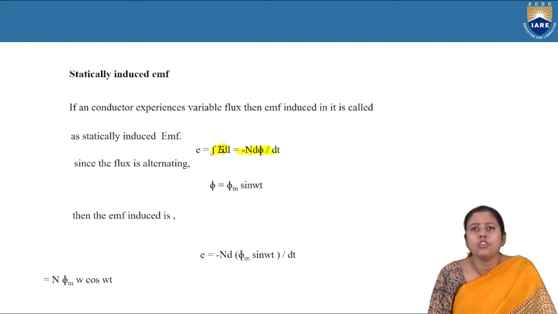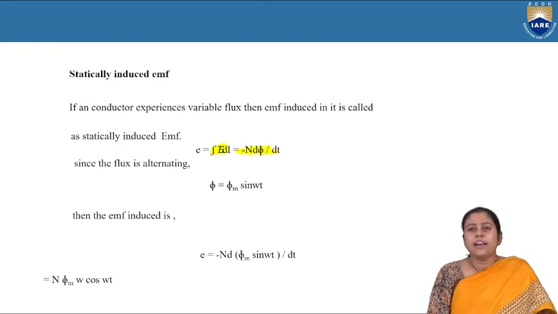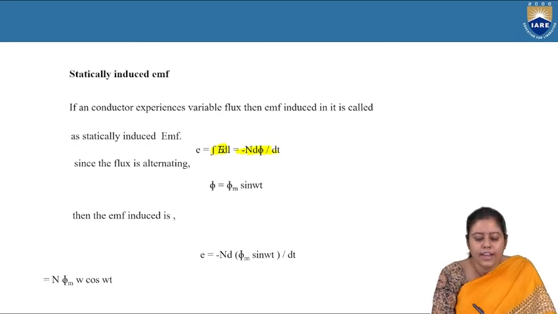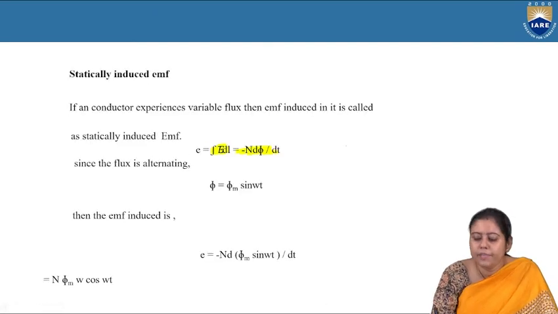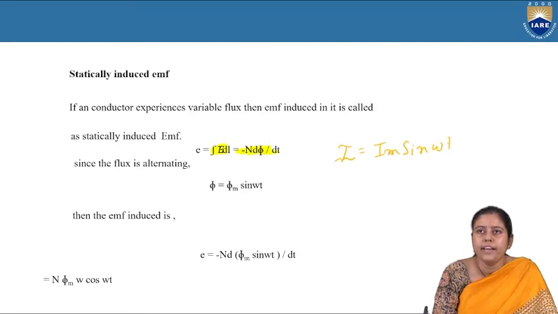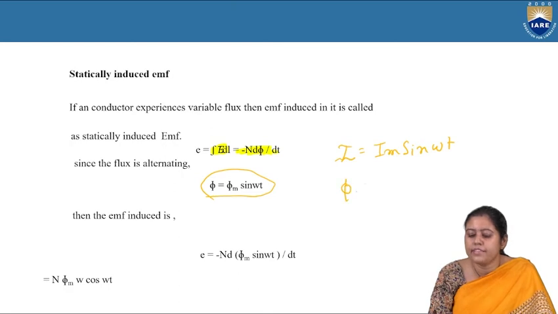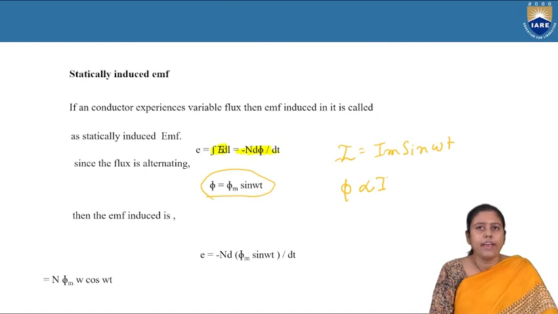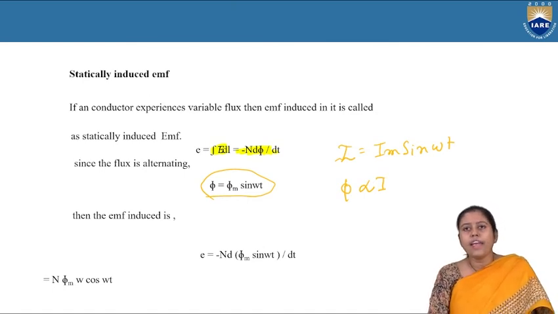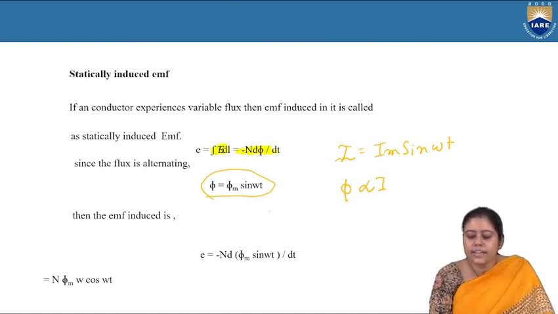What is the cause of the generation of flux? It is nothing but the AC current. If the current i is equal to I m sin omega t, then phi will be phi m sin omega t, because phi is directly proportional to i, or we can write phi is equal to L i. So e is equal to n d of phi m sin omega t by dt.